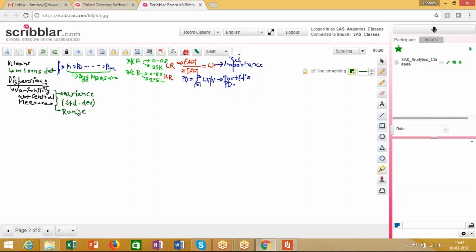Now, apart from this, there are other measures such as range, the mean deviation, and the standard deviation or variance. Together they comprise your absolute measures of dispersion.